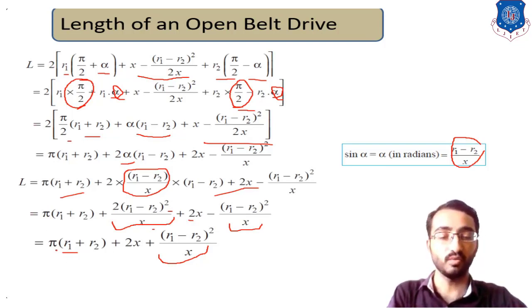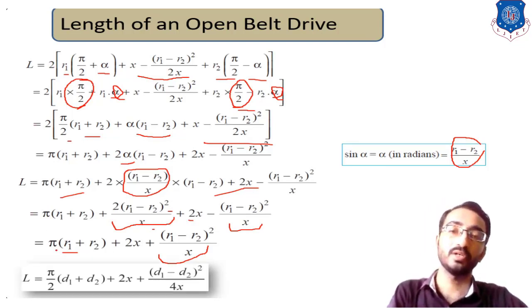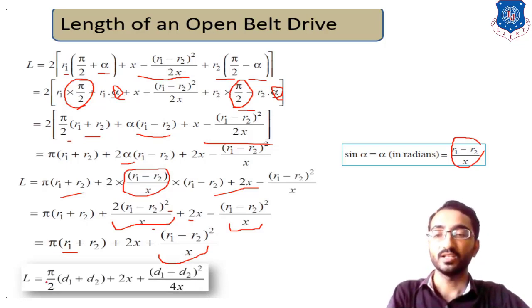Okay, now in this equation let's consider if you want to derive this equation in terms of diameter. So that is your length of arc is equal to pi by 2. Here r1 can be replaced with d1 by 2, again d2 by 2. So 2 can be taken as common. Over here the square will become 4 times.